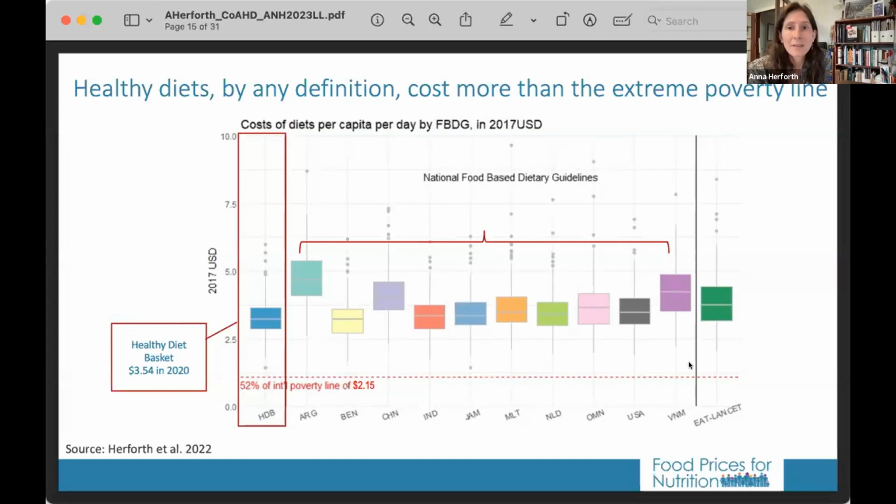And by any definition of a healthy diet, the least cost way of meeting recommendations is above the poverty line, which has led to some work exploring how poverty lines are actually created, and the norm of using calories and typically consumed foods to set the food poverty line, if that may need to be re-examined or complemented so that a poverty line includes access to at least a least cost healthy diet.